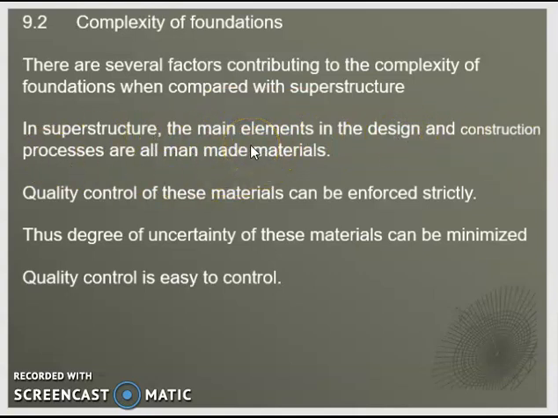It can be structural steel, precast concrete, or cast in situ concrete, but all these are man-made materials. So quality control can be strictly enforced for all these materials above ground. So the degree of uncertainty of these materials will be minimized because you can enforce quality control. Quality control is easier to implement for the main elements of the above-ground structure.